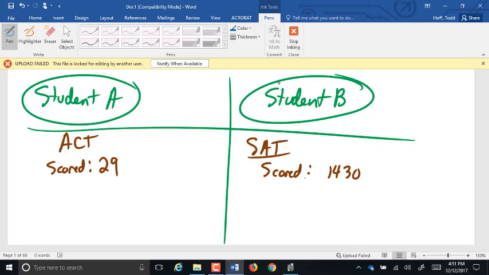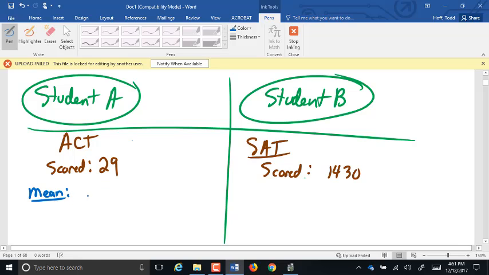They're two different tests. But let's say that we look at the ACT. The mean score is an 18 with a standard deviation of 6.